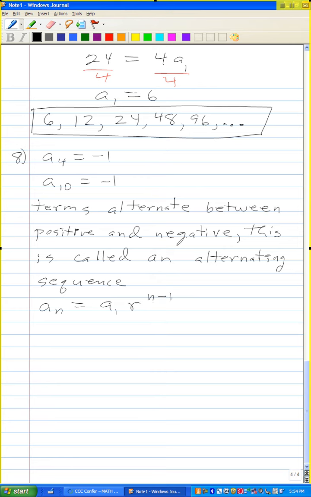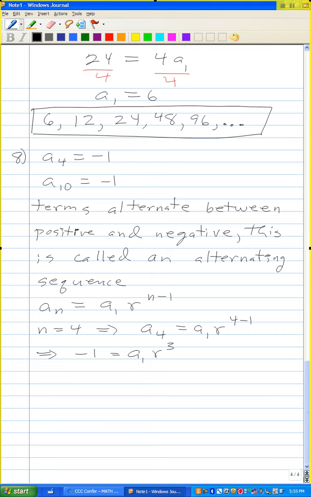And so I know that when n is equal to 4, this gives a sub 4 equals a1 r to the 4 minus 1. Well, a sub 4 by the above assumption is equal to negative 1. And 4 minus 1 is 3.